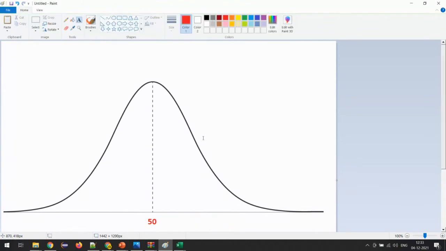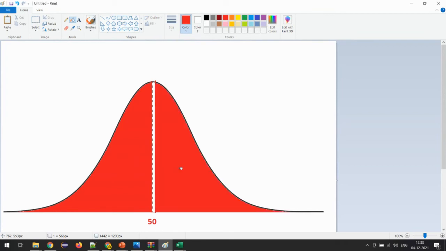But the alternative hypothesis says we select all the area which is less than 50 and also which is more than 50. So only the 50 is the null hypothesis. The less than 50 and more than 50 is the alternative hypothesis. But we don't want to make it so big.